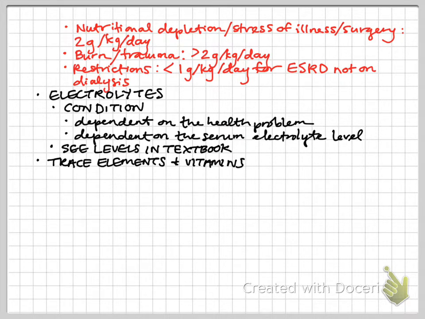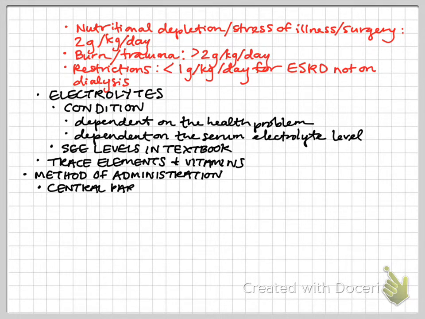Now, what I want to move to is the method of administration, because you had heard me mention central and peripheral. So central is going to be the first type we'll talk about. So that's central PN.